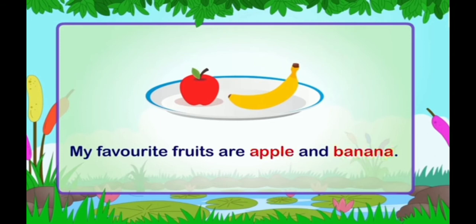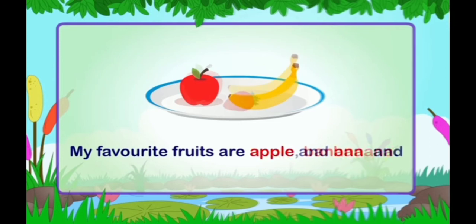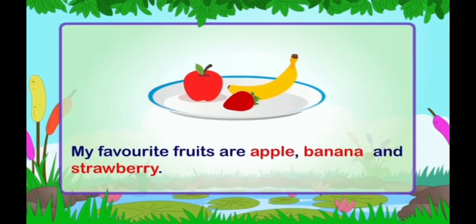But what if I change this sentence into this? My favorite fruits are apple, banana, and strawberry. In this case, we have three items in the list: apple, banana, and strawberry.